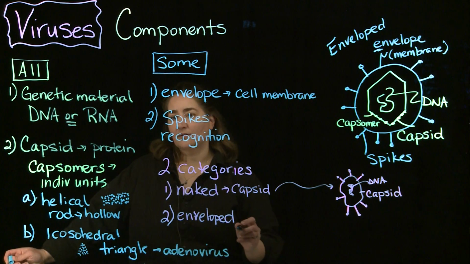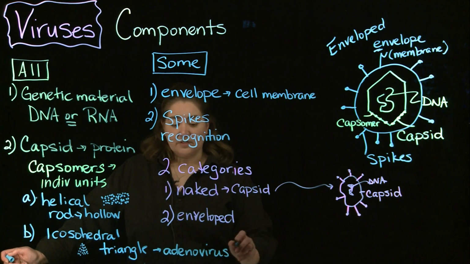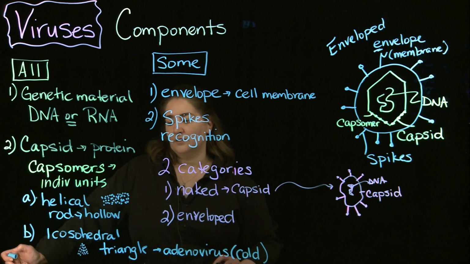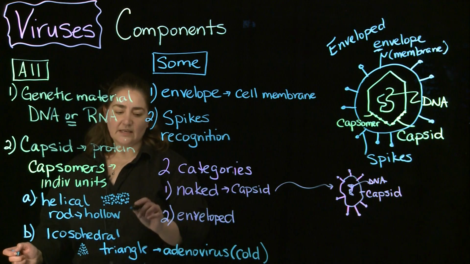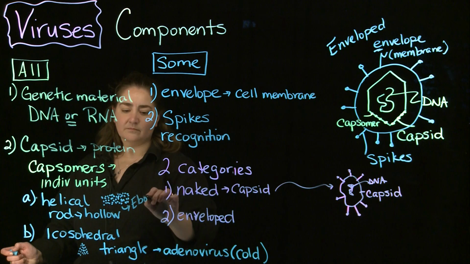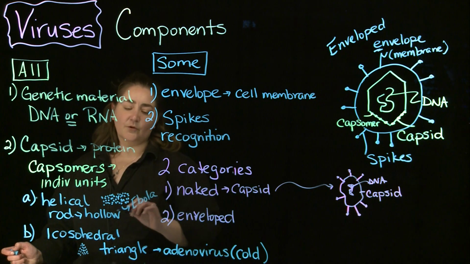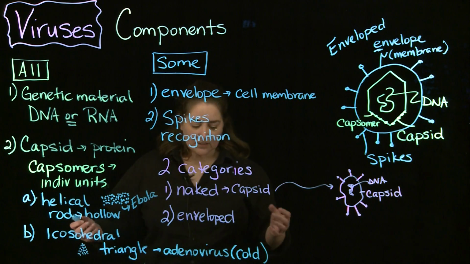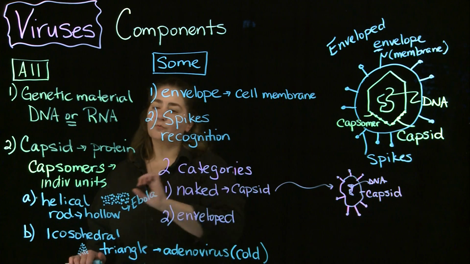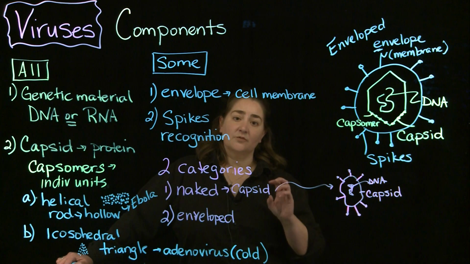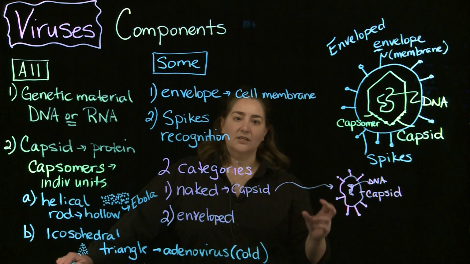Adenoviruses are an example of viruses that have that icosahedral shape. Some of your common cold viruses are types of adenoviruses. Helical, the example I gave you there, the Ebola virus, is an example of a helical. Those are the two more common types of capsids that are associated with viruses that will infect humans.